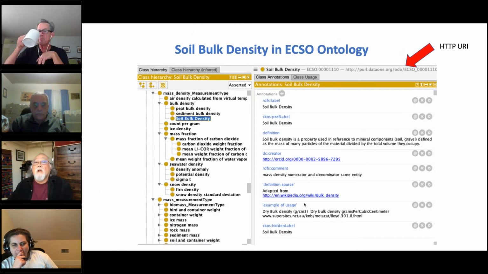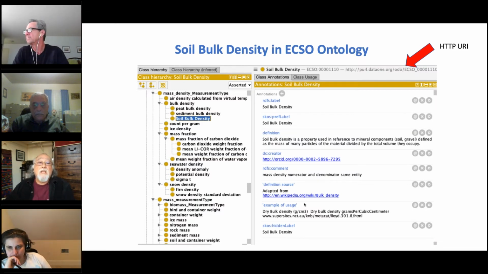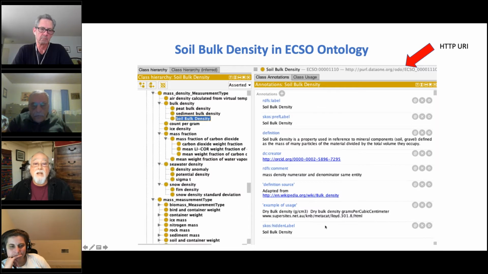Now, there is a soil bulk density measurement in the EXO ontology, and here it is. This is a picture of it. Again, this is using an application called Protege, soil bulk density, and here you can see we've got a label for it. Here, this is the creator. I don't know who this might be. This might be Margaret, or Stephen Chong, who was a postdoc working on this knowledge model. This is the definition of it. It shows what our definition source was, an example of usage.